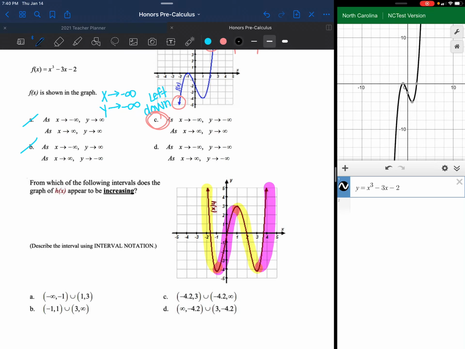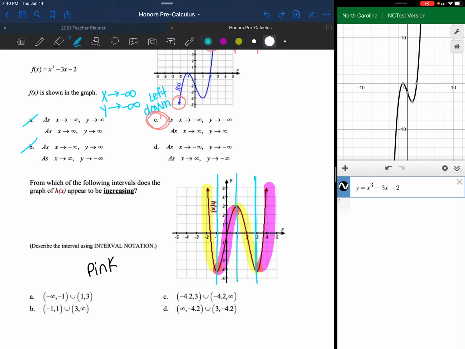So the question asks us which interval is increasing. Increasing was in pink. So we're looking for the intervals in pink. Now remember, we're doing x values. So when we look at our x values, we're looking at those values of where it changed direction. So really the maximums and the minimums, those x values of those points. So in the pink, we have this area that was increasing.